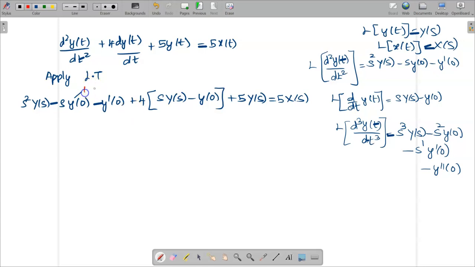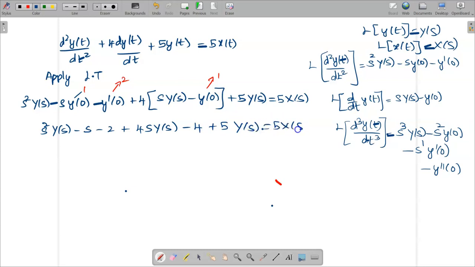So now you have s square y of s minus s into 1 is s, minus 2, plus, simplifying your term, 4s y of s minus 4 into 1 is 4, plus 5 y of s, which is equal to 5 x of s.